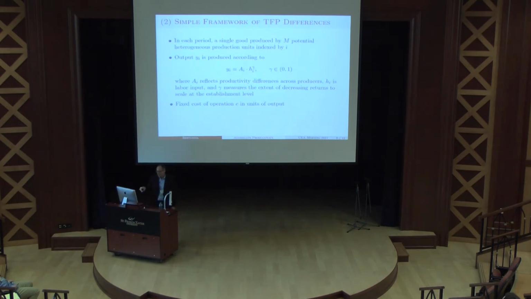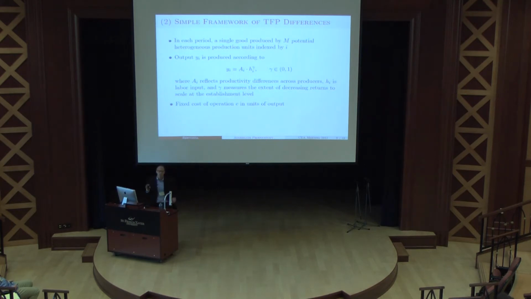Now, the amount of output of this single good produced by each producer is described by this production function that has the total factor productivity term A, and then the labor input that I denote by H. And you see the gamma there. So there are decreasing returns to scale to labor input. The main driver of differences across these producers is going to be the A, and this gamma is going to measure the extent to which there are decreasing returns at the establishment level.